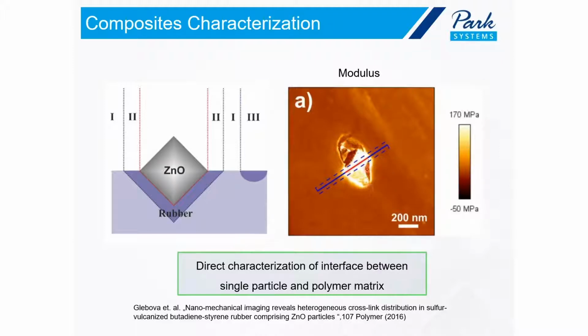And I don't know of any technique that can access experimentally this interfacial region between the matrix and the particle in a solid polymer. So AFM offers direct characterization of the interface between a single particle and the polymer matrix. And of course, I don't show it here, but topography can also show the distribution of such particles in a matrix.